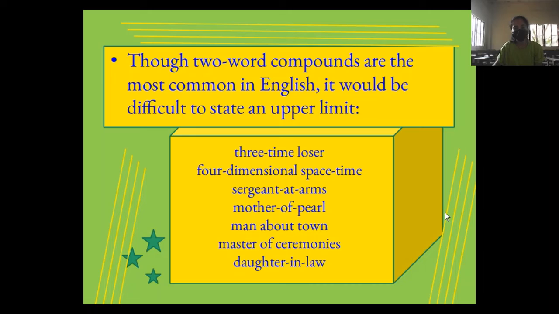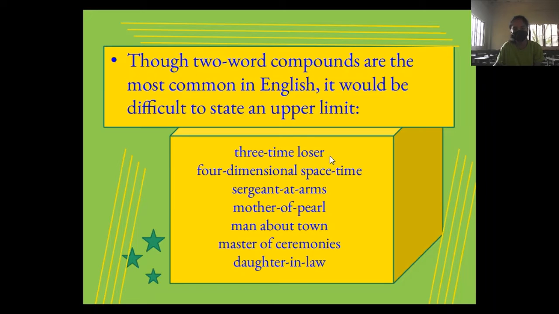Though two-word compounds are the most common in English, it would be difficult to state an upper limit. English has always been a complex language. The grammatical structure of English is always so complex. Let's try to look at these examples.